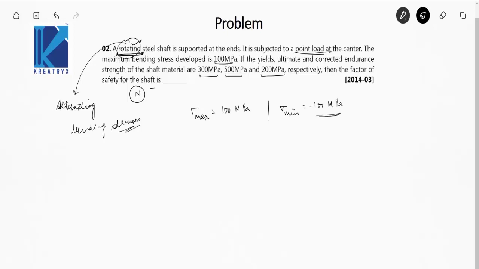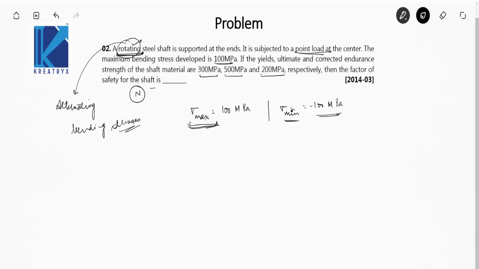Now we have to use which theory? That is not given, because when a material is subjected to a fluctuating load with the same values of maximum and minimum stresses, Goodman's theory and Soderberg's theory give the same result.